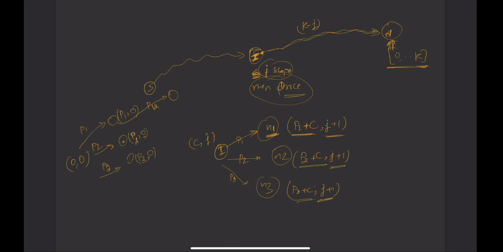If that is not a source node, that means I'm coming to an intermediate node from a non-source node, then the gap will be 1 plus the previous gap. So it will be P12, which is the cost plus the previous cost P1, and the gap is the previous gap plus 1, which is 0 plus 1, which is 1.